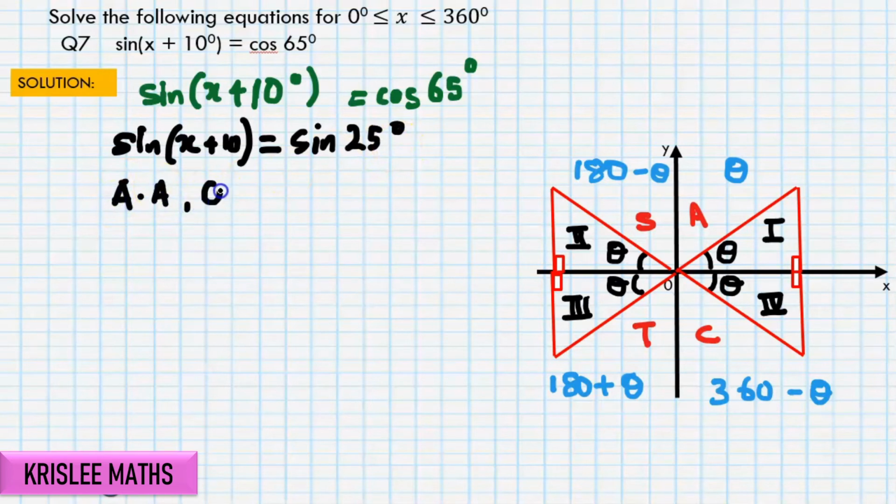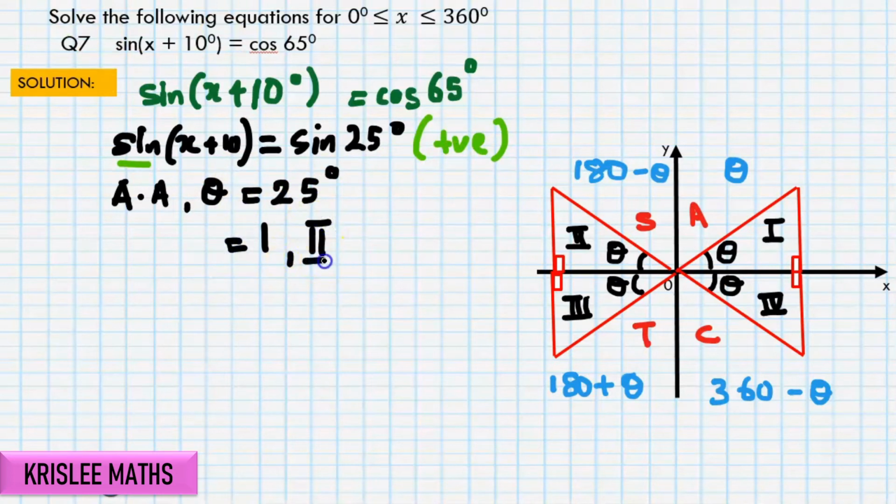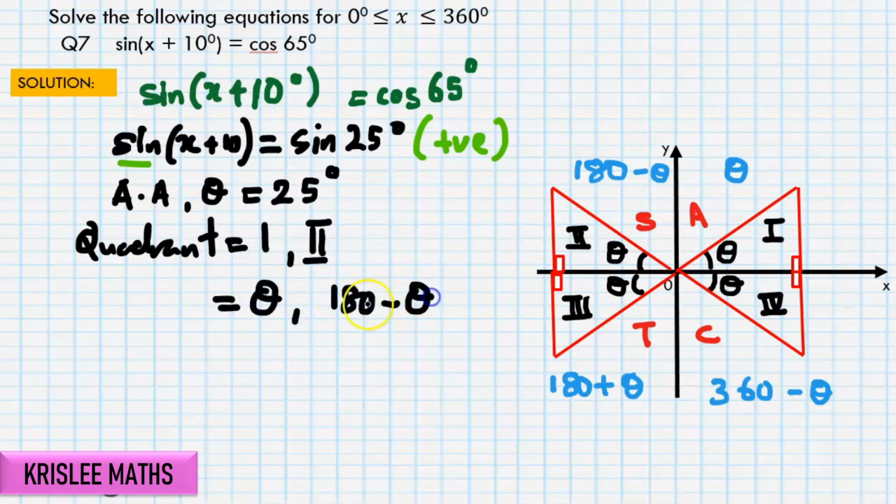Therefore the acute angle theta equals 25 degrees, and the value of sine 25 here is positive. Therefore the function sine is positive in the first quadrant and the second quadrant. In the first quadrant theta, in the second quadrant 180 minus theta.